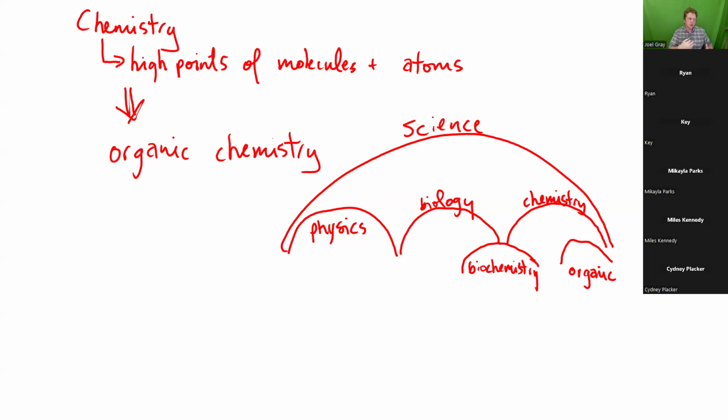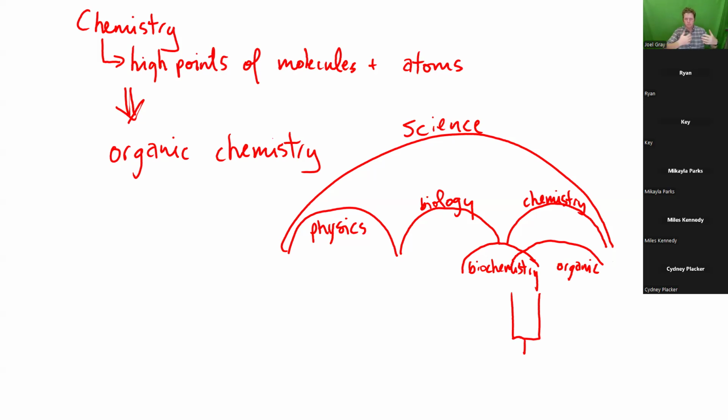What I want you to understand and recognize about this, and actually, I need to change the placement of my organic umbrella. Let's say here, I moved it over a little bit. And then I'm going to have this umbrella have an overlapping region, an interface where biology and chemistry are.